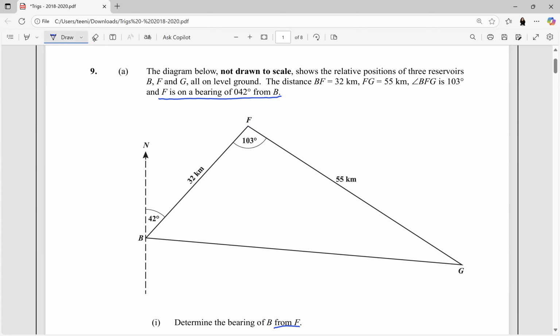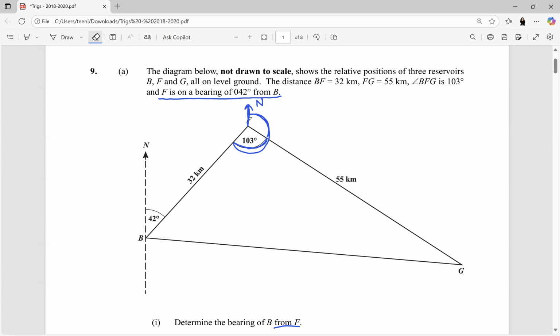So again, the north line is going to be at F because we're looking at the bearing of B from F, and your bearing is the angle between the north line here at F and the line BF. So this angle is made up of this part inside here that is 103 degrees, as well as this angle on the outside here. But we don't know what that angle on the outside is. So we need to find that angle.